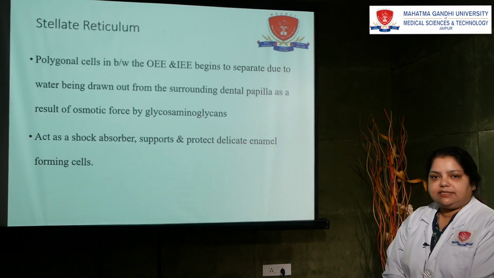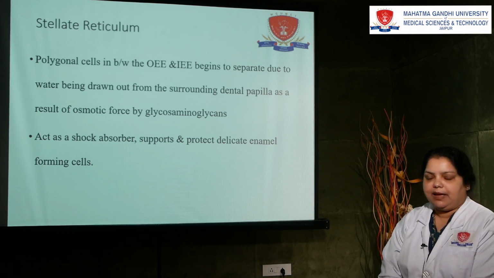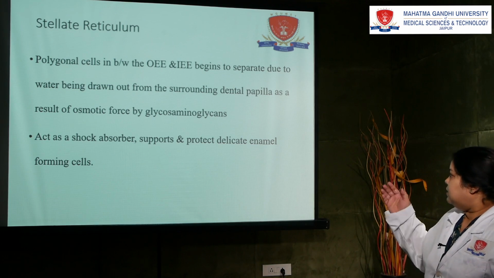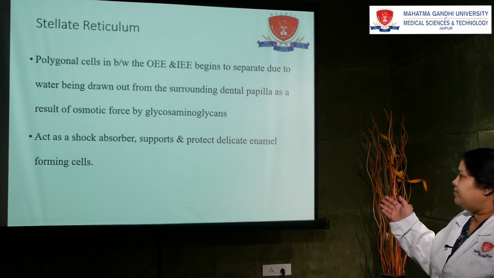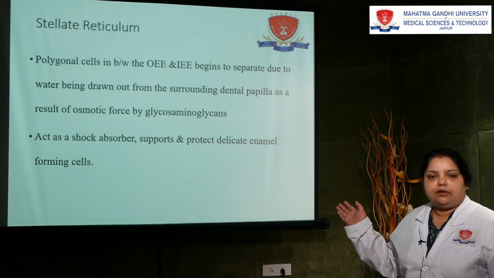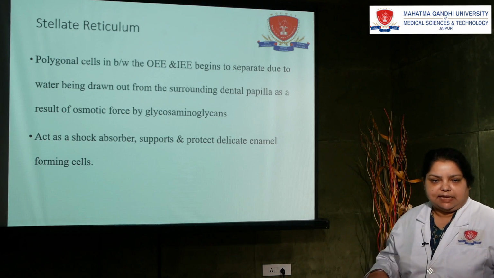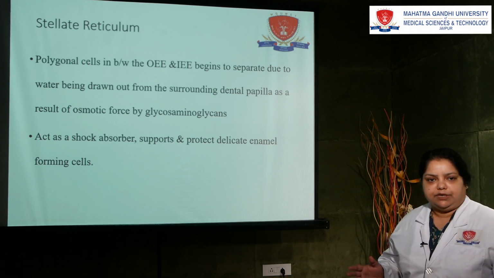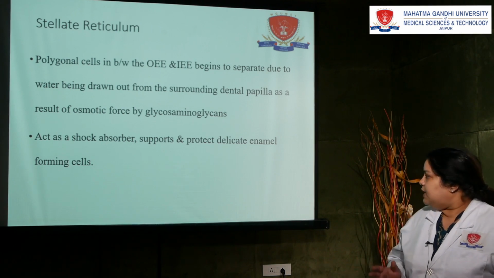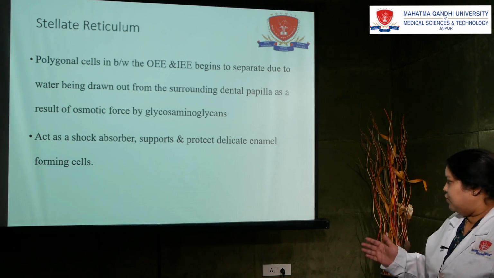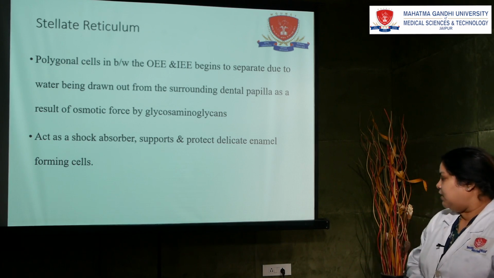So, the polygonal cells that lie between the outer enamel epithelium and the inner enamel epithelium are known as the stellate reticulum cells, and the water from the outer covering, meaning from the dental papilla, goes inside these cells and it will start proliferating because of the presence of the glycosaminoglycan. So, it acts as a shock absorber, supports and protects the delicate budding enamel organ.